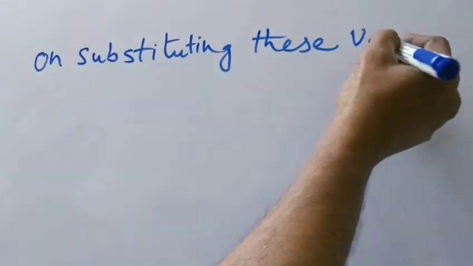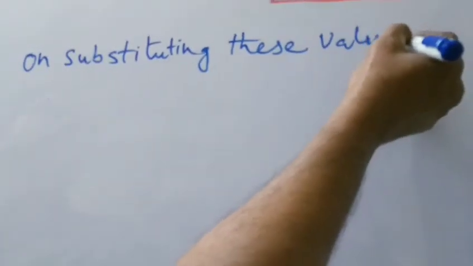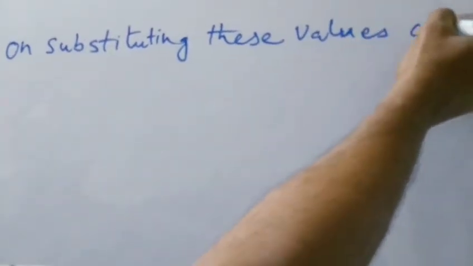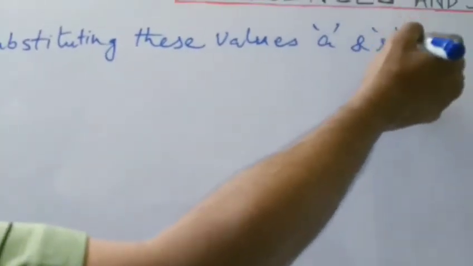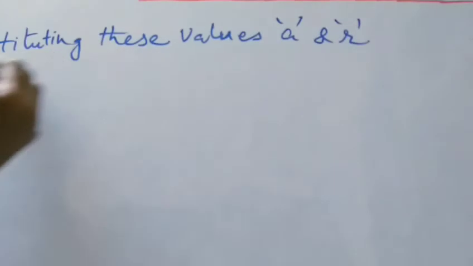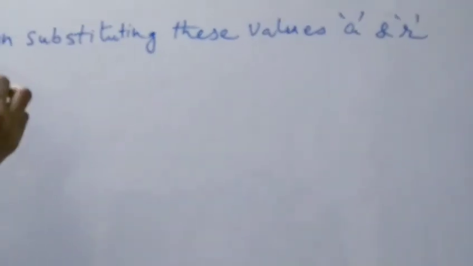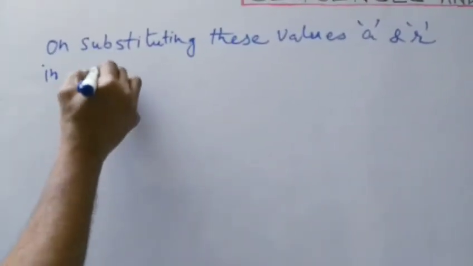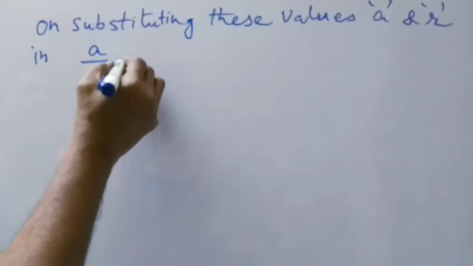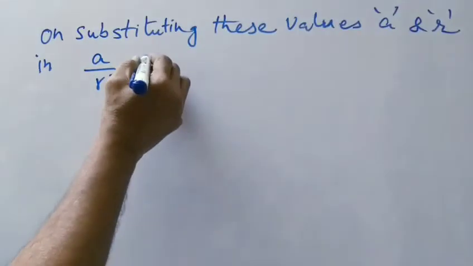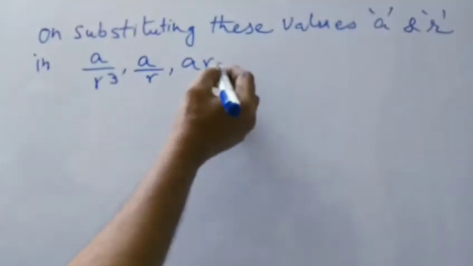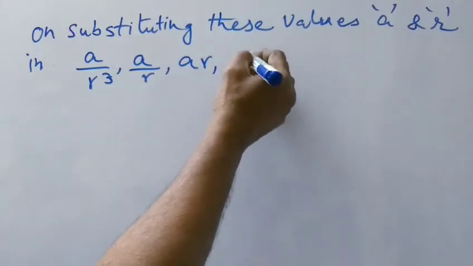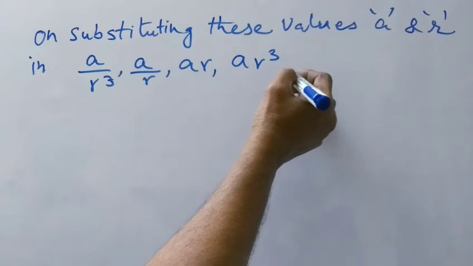Now we substitute these values, a and common ratio r, in a/r³, a/r, a·r, a·r³.